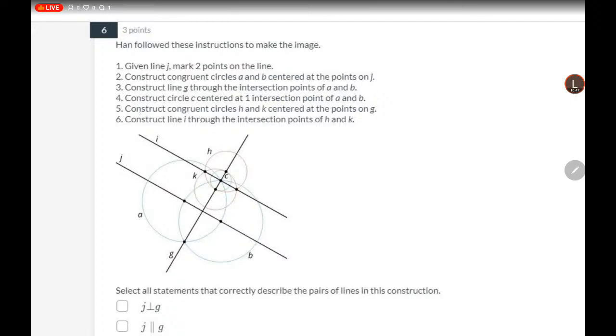Congruent circles H and K, centered at points on G, let's see. Yeah, okay. Good. Construct line I through the intersection points. Okay, good.